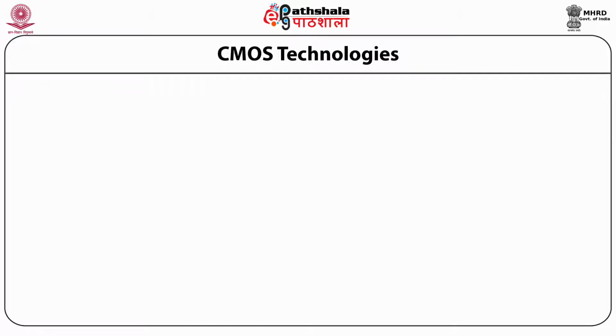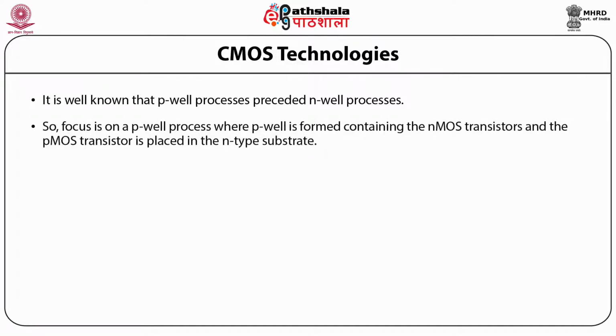It is well known that the P-well process precedes the N-well process. The focus is on a P-well process where a P-well is formed containing the NMOS transistors and the PMOS transistor is placed on the N-type substrate.